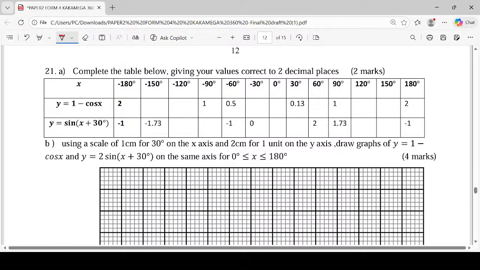Okay, so we can now proceed. 1 minus cos negative 150, to 2dp, that's 1.87. So this is going to be 1.87.